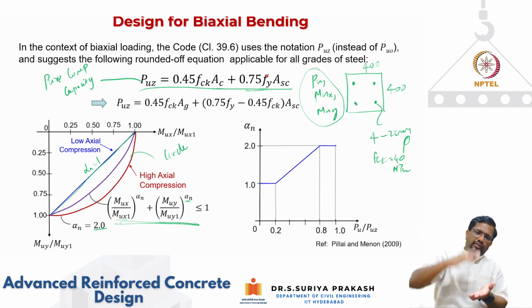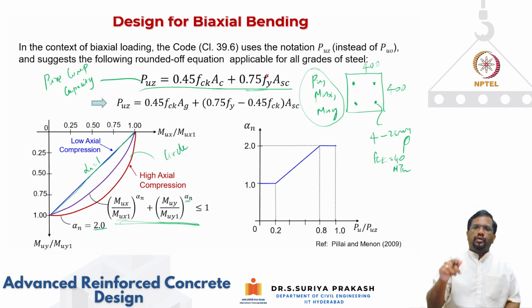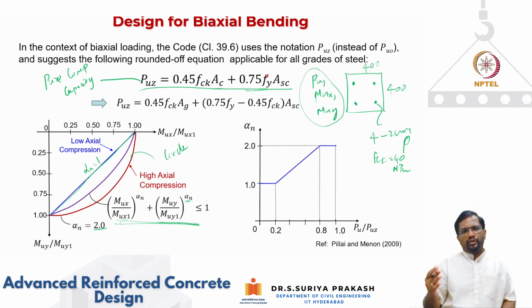Now the entire cross section is subjected to the same level of strain, right? So what would be the stress in the steel? That depends upon what grade of steel I have. For Fe415, we saw that it is going to be 0.79 fy for a strain of 0.002, so depending upon the grade of steel, it is going to change.